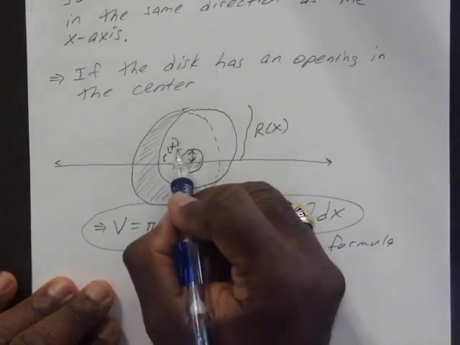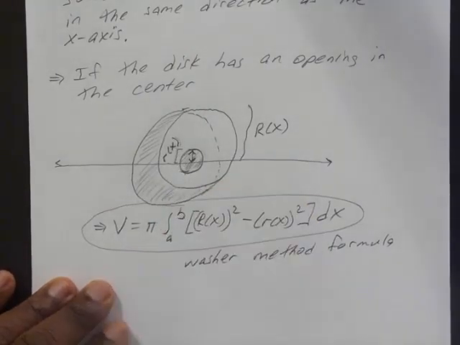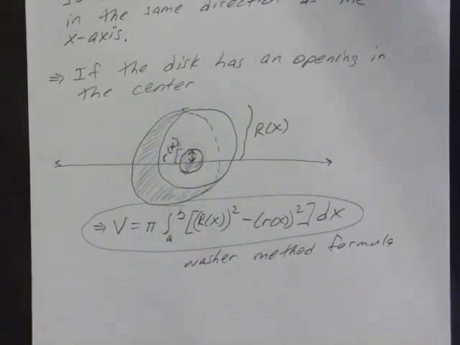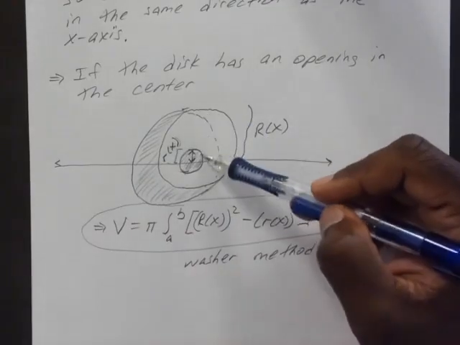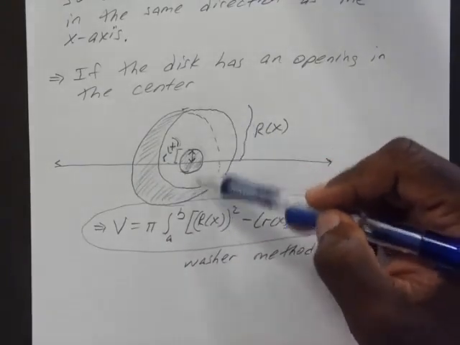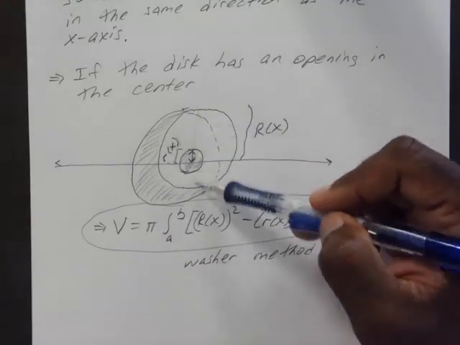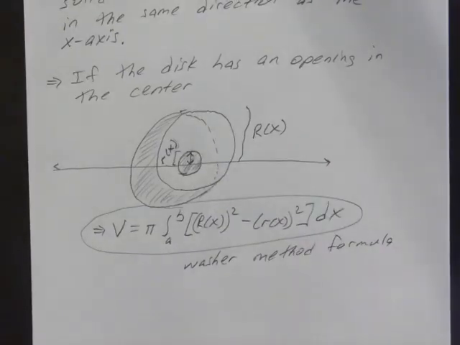And that's our radius for the entire thing. So it's kind of like if you think of a donut, if you want to find the volume of that donut, then you use a formula to find the volume of the entire thing minus the hole.